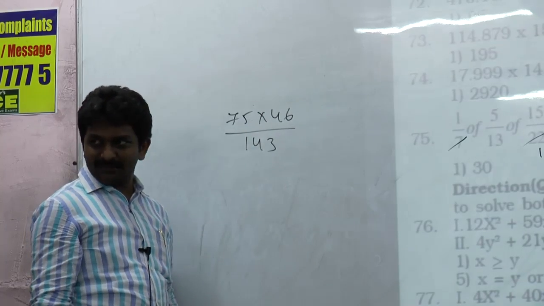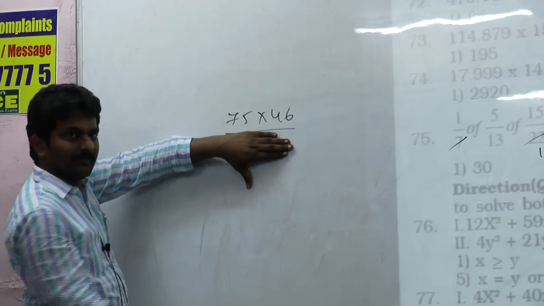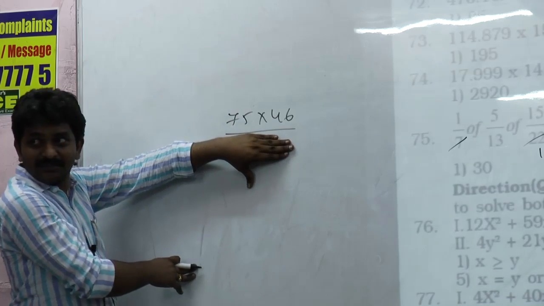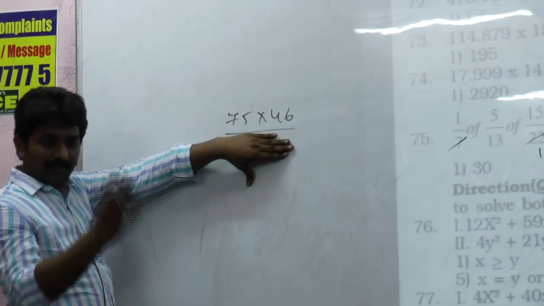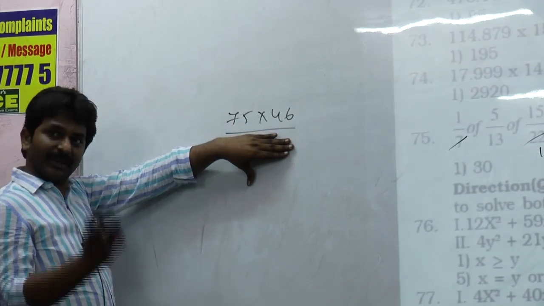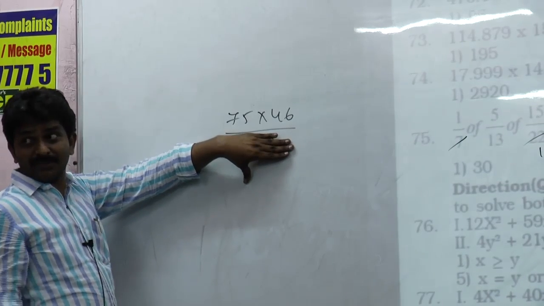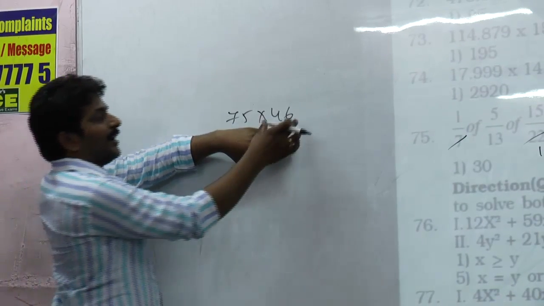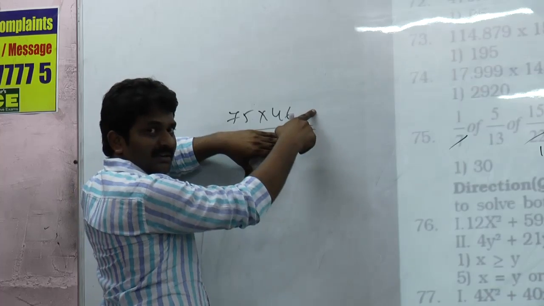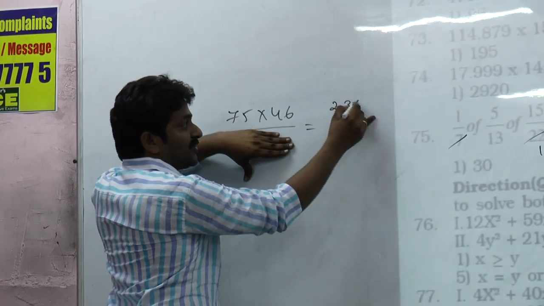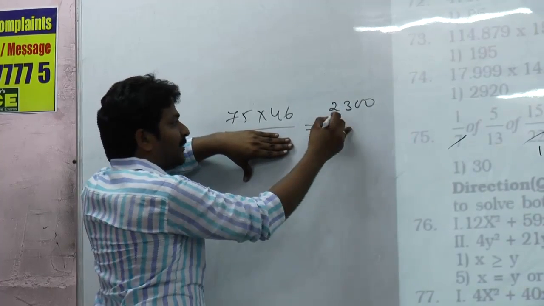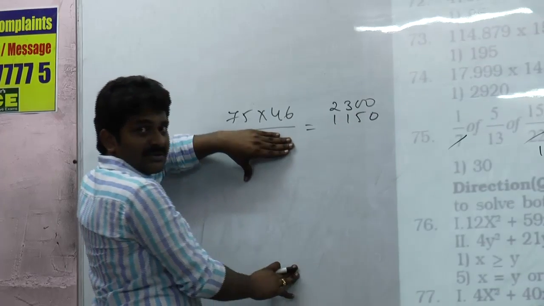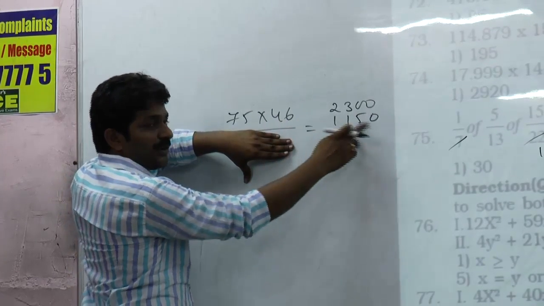Take 100 times. Forget about this number. I want to take 75 times. Take 100 times. Make it half. You'll get 50 times. Again make it half. You'll get 25 times. Add those two numbers. 100 times of this number is 4600. 50 times is 2300. 25 times is 1150. So 75 times of this number is 3450.